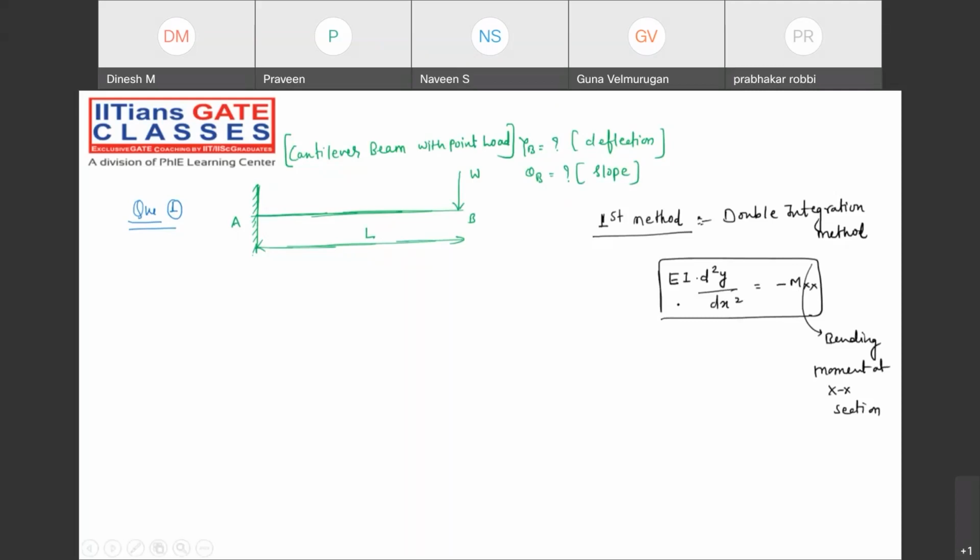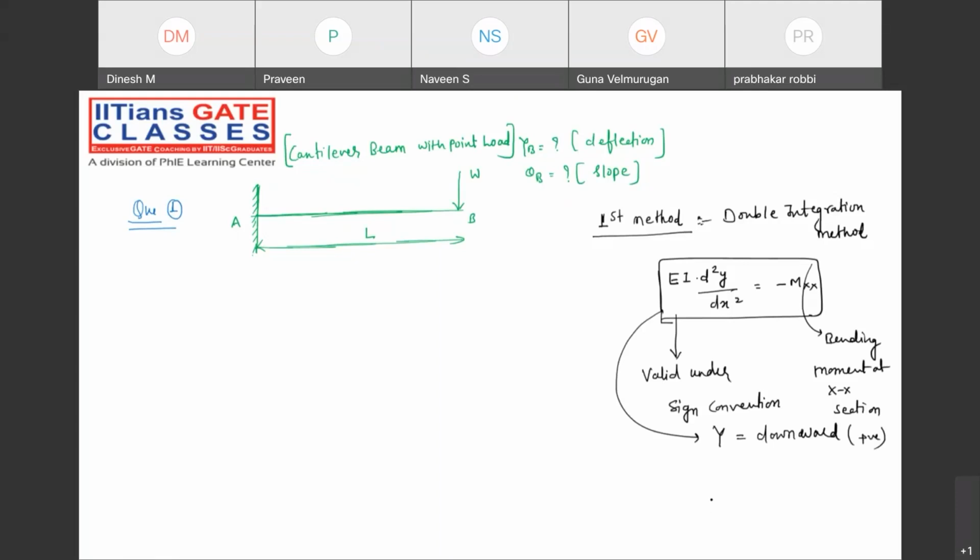Now, this formula will be valid under a predefined sign convention. Note down the sign convention. It's very, very important. If you use this formula and you are getting the y value to be downward, please consider this to be positive.